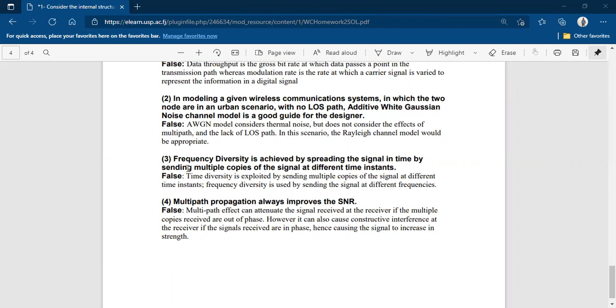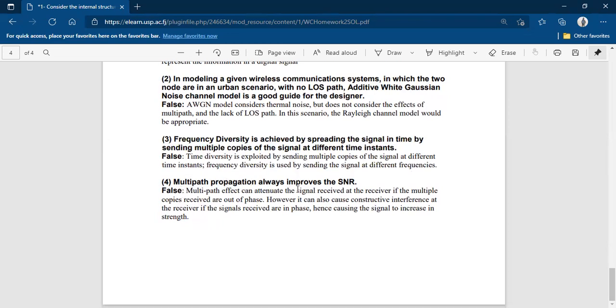So if it says frequency diversity is achieved by spreading the signal in time by sending multiple copies of the signal at different time instances, no, this is false, right? This particular statement is true for time diversity, right? It is not true for frequency diversity. If we are talking about frequency diversity, it is basically spreading the same signal over multiple frequencies, okay, at different frequency instances, right?